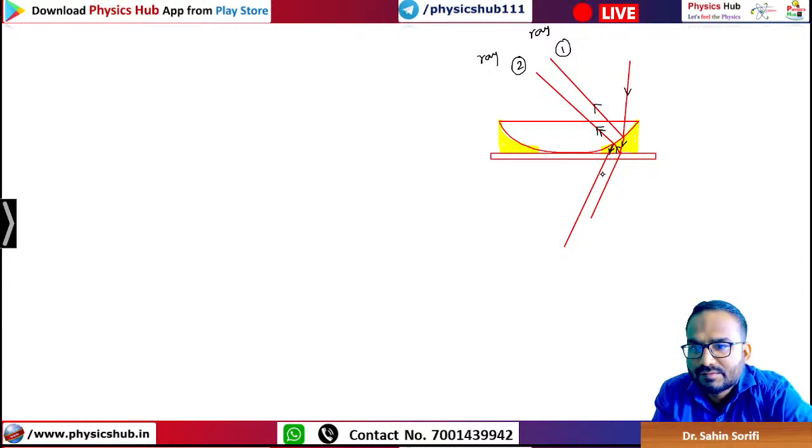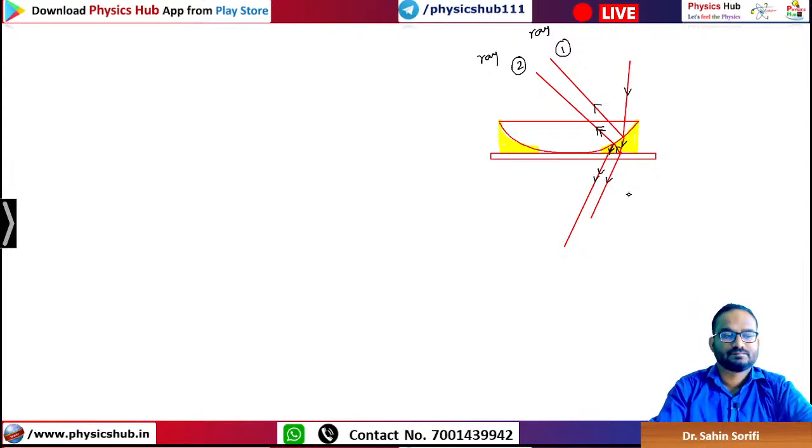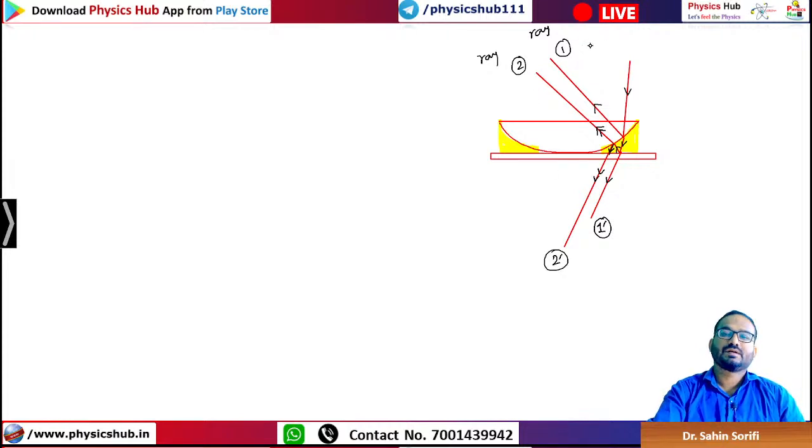So you can imagine it like 1 prime, this is 2. These are the reflected rays and these are the transmitted rays.